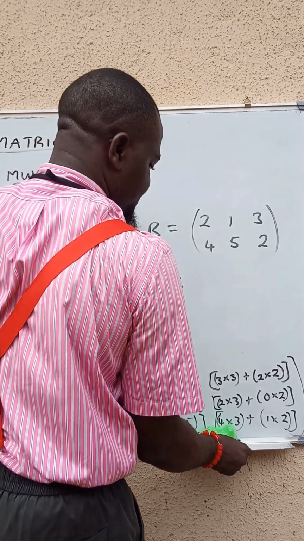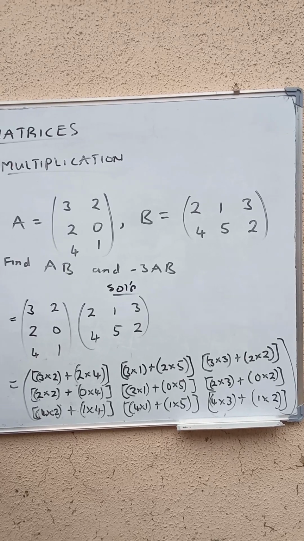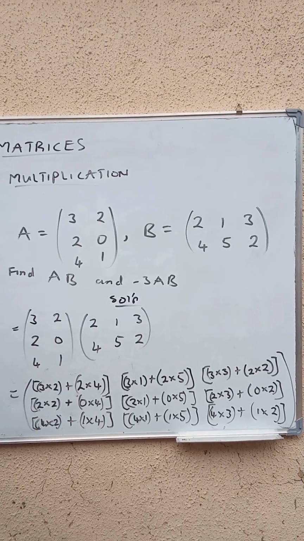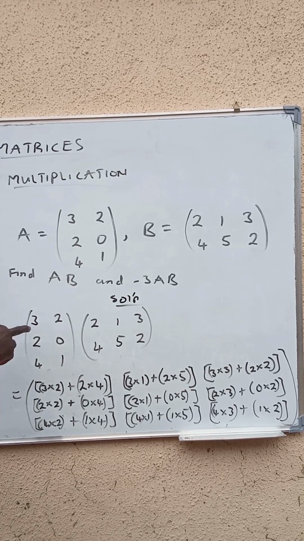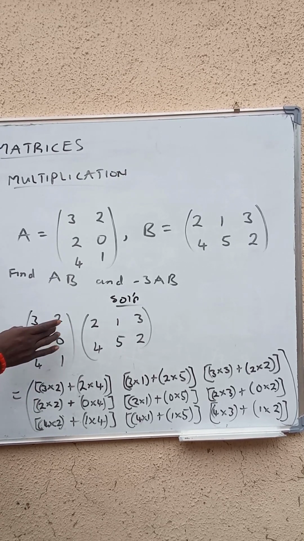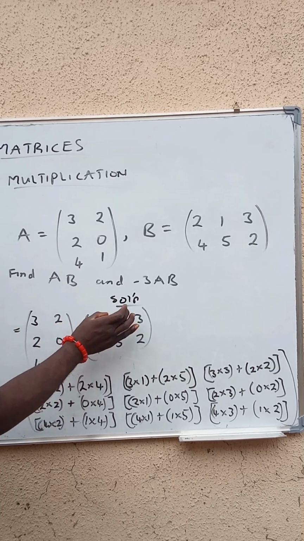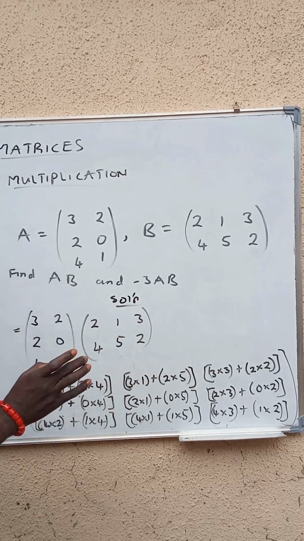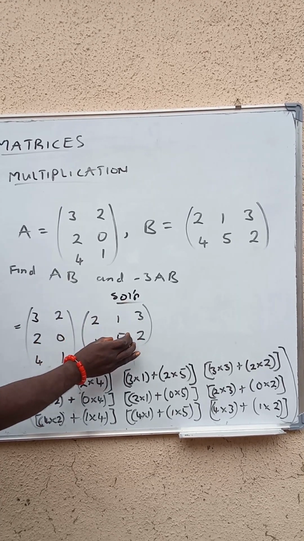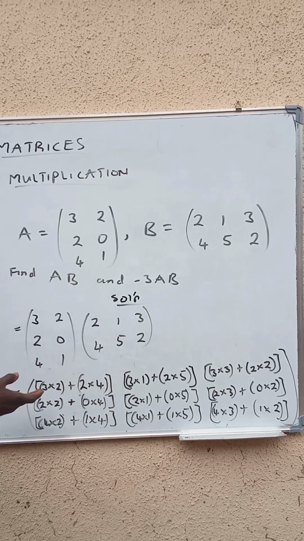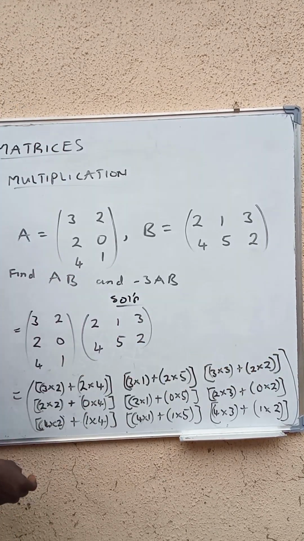Now, what do we mean here? If you look at it very well, you understand that this very thing we're doing, multiplication of matrices, is very simple, because the first row here must multiply the first column, second column, and third column, on the same row in the product, the matrix you are trying to form.